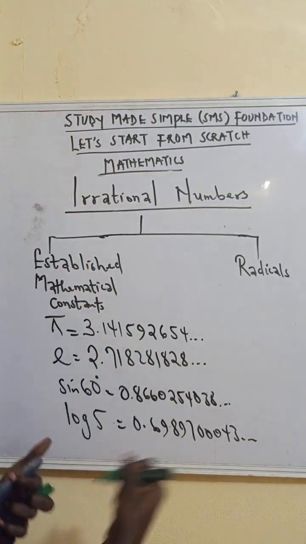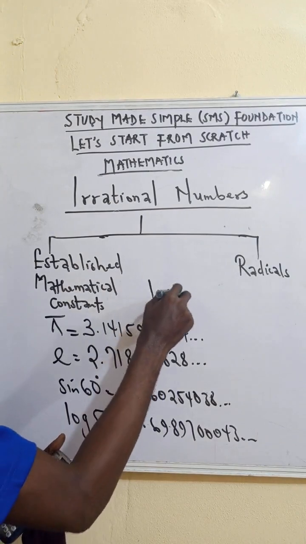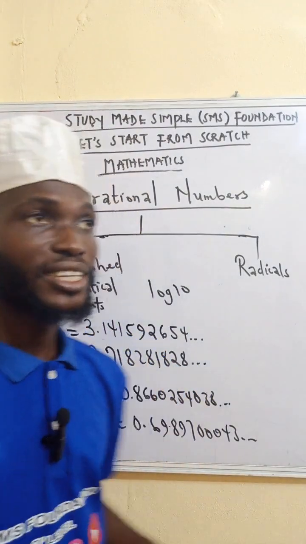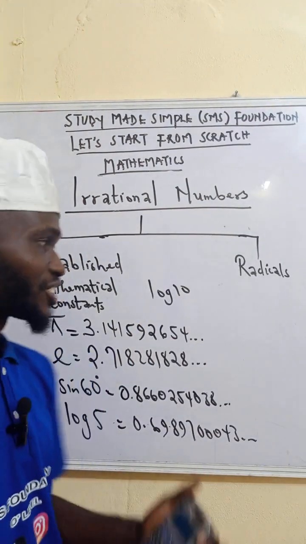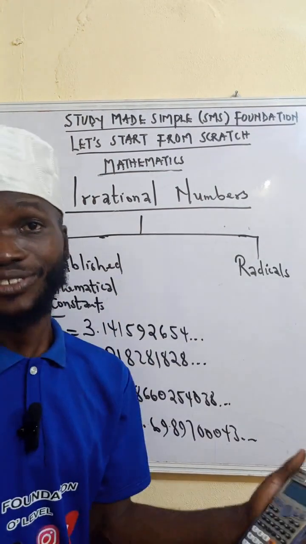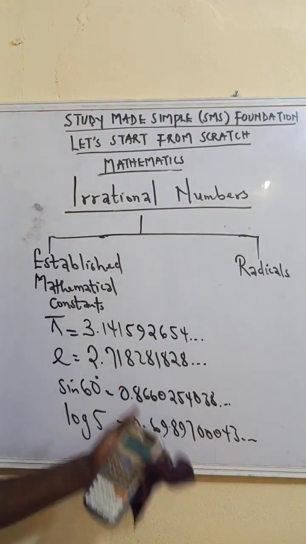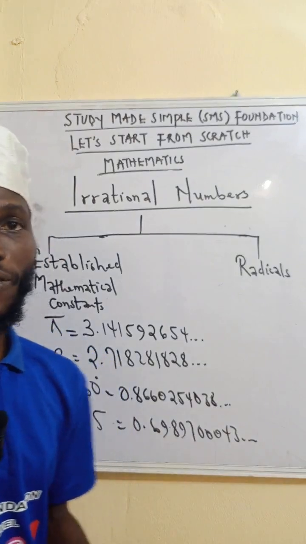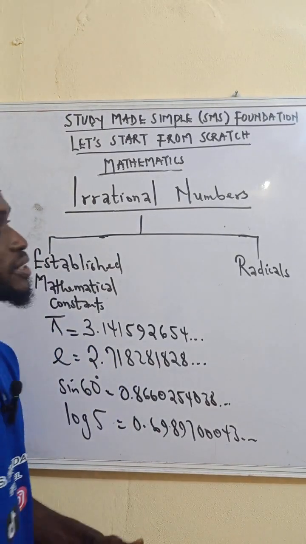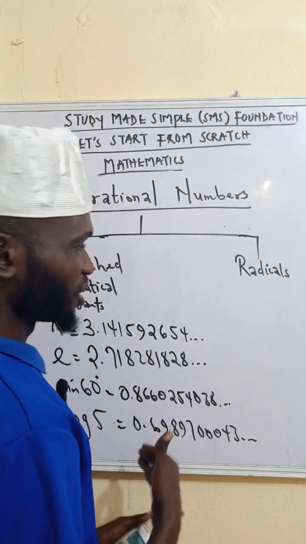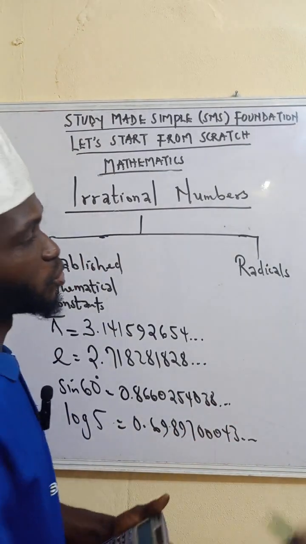No, because a counter example is log 10 or log 100 or log 1000, log 10,000. All those ones are rational. Log 10 is 1 and it's rational. Log 100 is 2 and it's rational. So you can always use your calculator to confirm. Good. We still have more explanation on this, but I don't want this video to be too long.